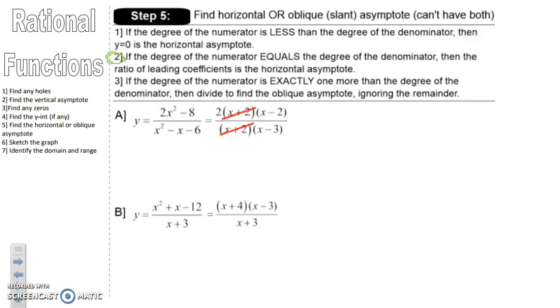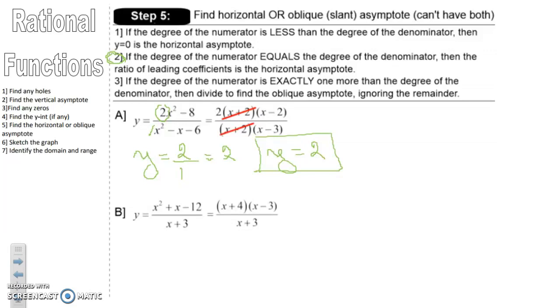Since it is a horizontal asymptote, we're going to write that as y equals, and then we need to take the leading coefficients of each of these functions and write their ratio. Well, I have 2 over 1, which is simply equal to 2. And that right here is your horizontal asymptote: y is equal to 2. That means that your graph is going to approach the line y equals 2, but it will never ever cross it.